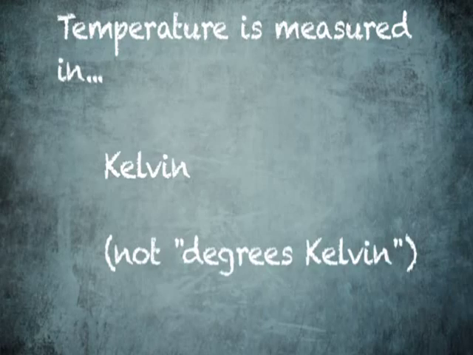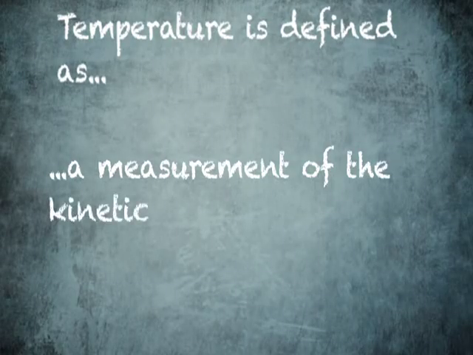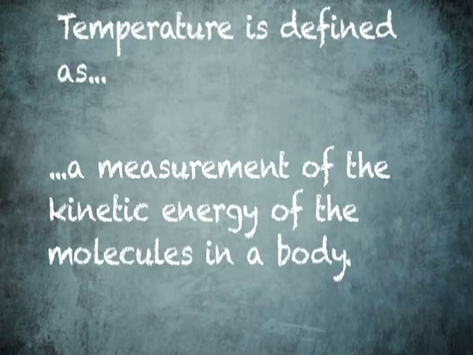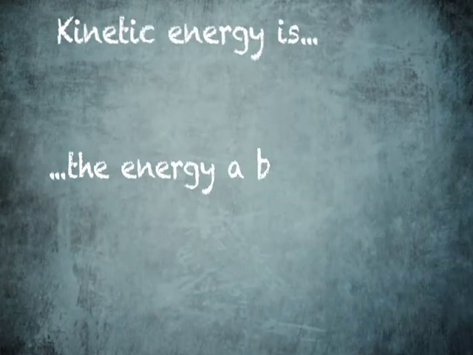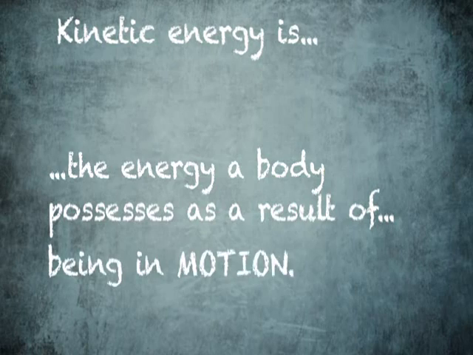And most importantly, that temperature is a measure of how hot or how cold the substance is, and this is interpreted or defined as a measurement of the kinetic energy of the molecules in a body. And remember, kinetic energy is the energy a body possesses as a result of being in motion.